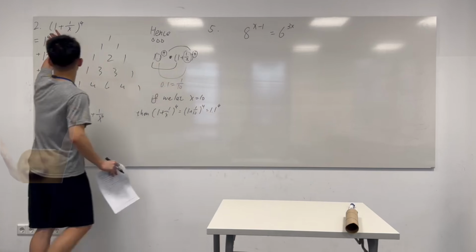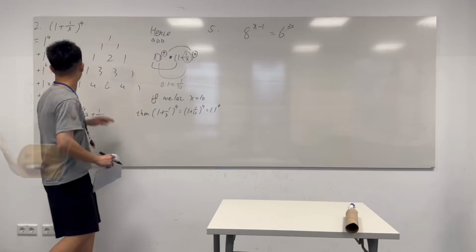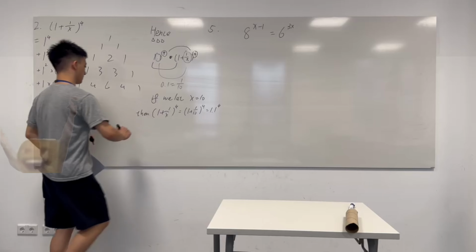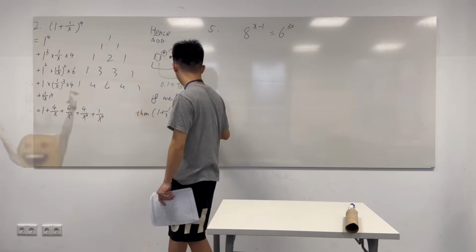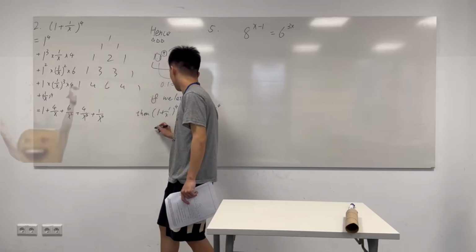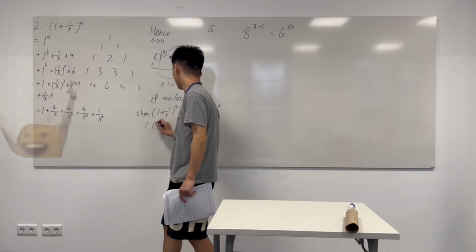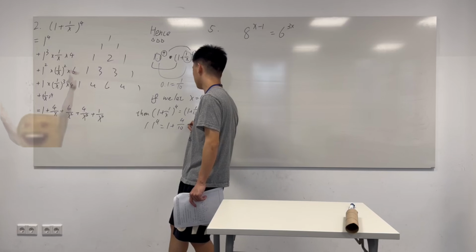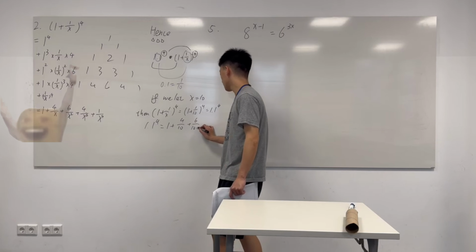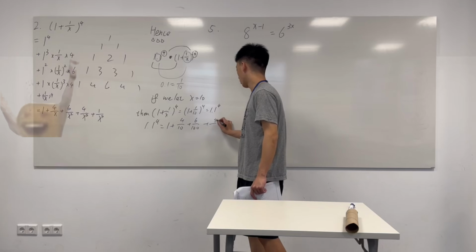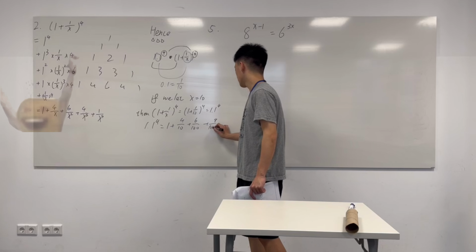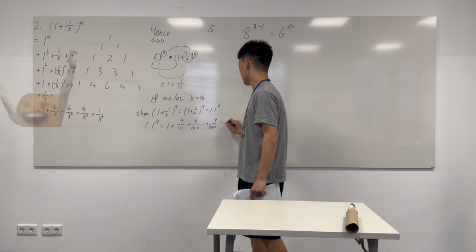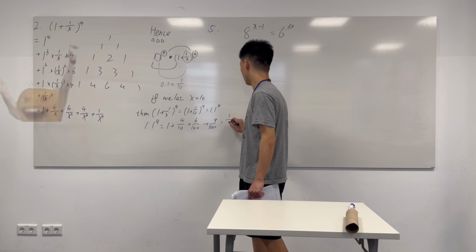And we already expanded this, so we can just put 10 in here, then we get 1.1 to the power of 4 equals 1 plus 4 over 10 plus 6 over 100 plus 4 over 1000 plus 1 over 10,000.